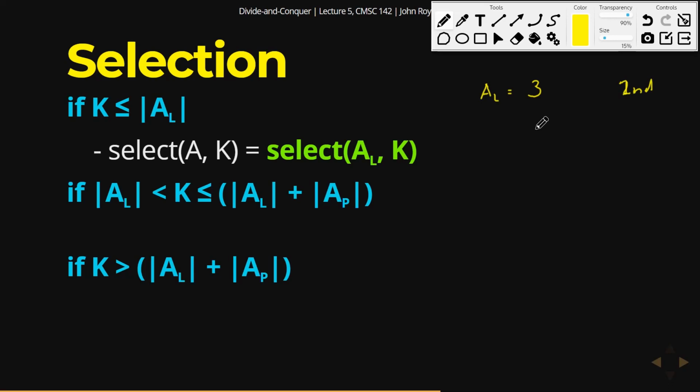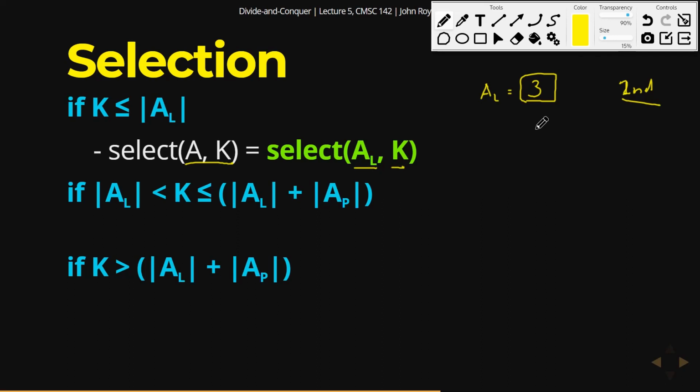If it's the second item, you are assured that it's within the 3 items in A sub L, right? So select A K is select A sub L K. So the rank stays the same because there's no offset yet.